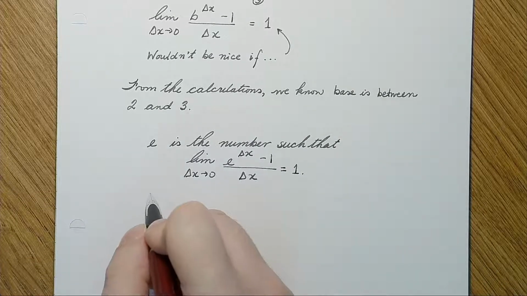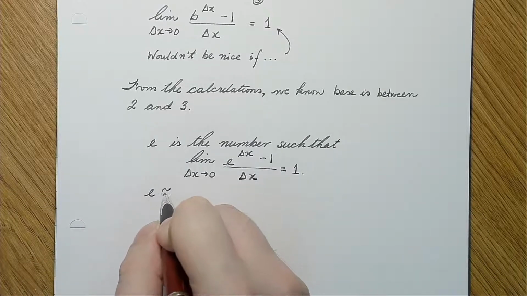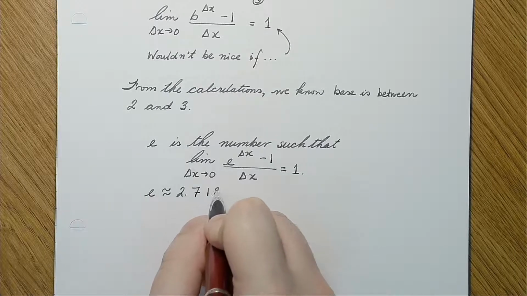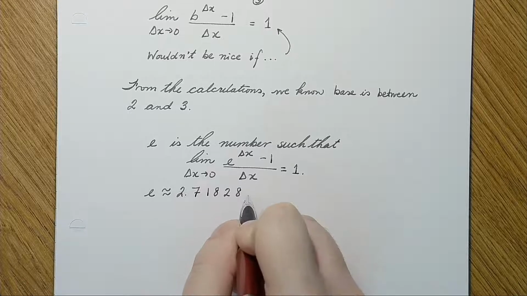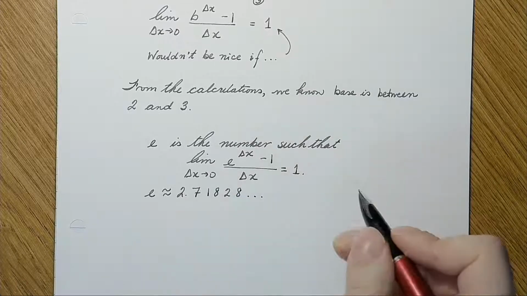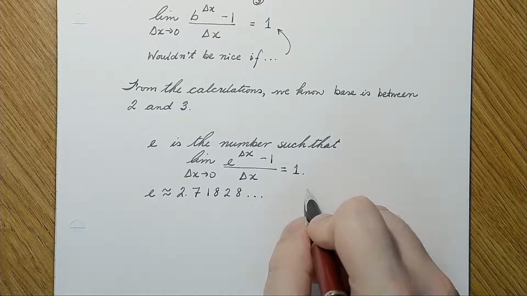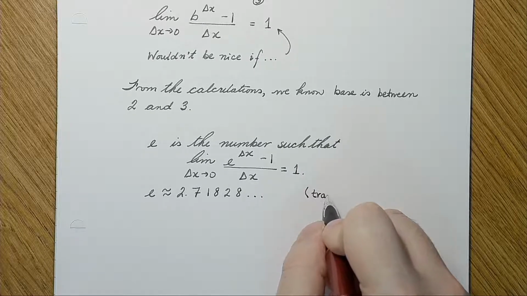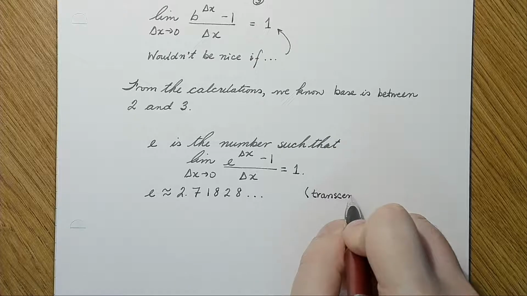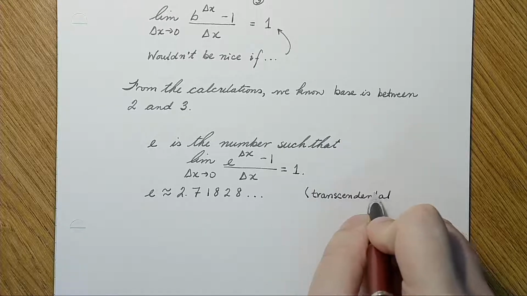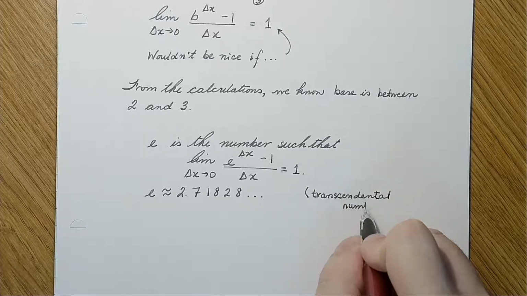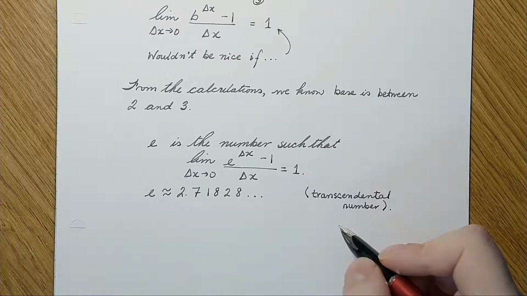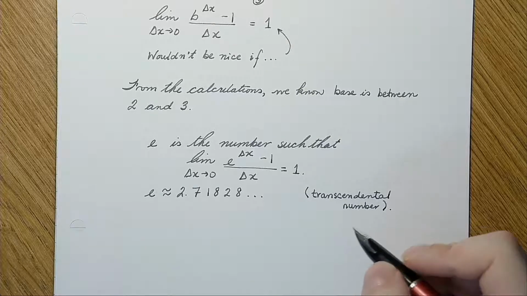And that e is approximately 2.71828... It goes on forever. It is what we call a transcendental number. So it's very similar to pi in that it never repeats.